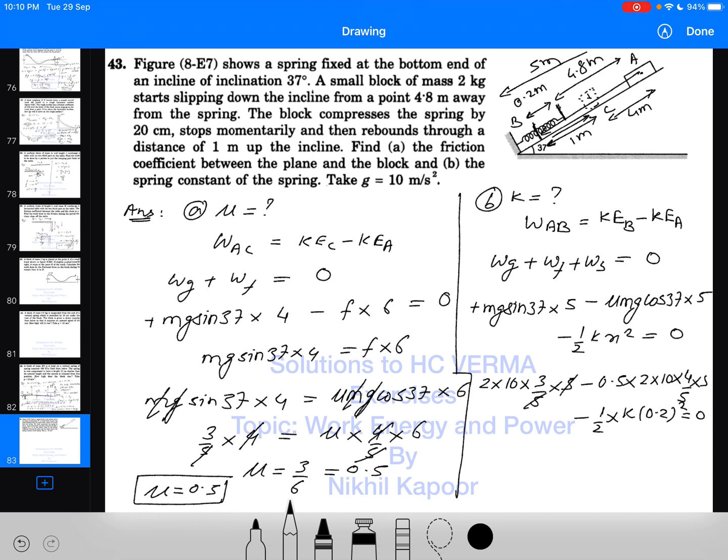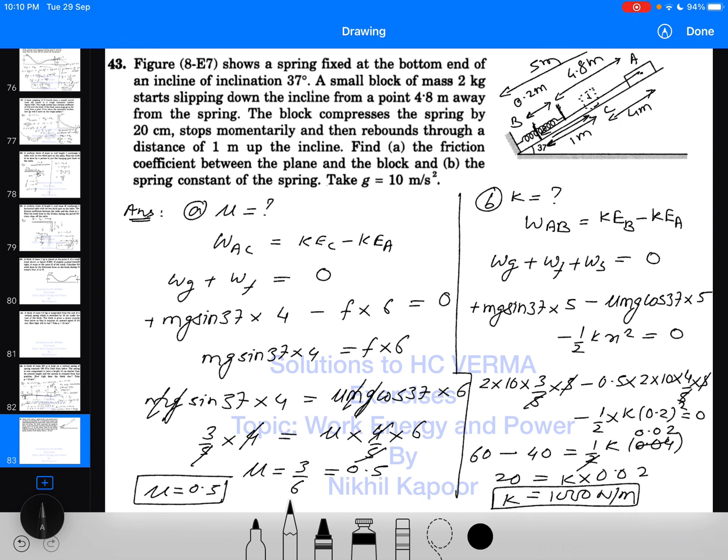So this 5 and this 5 get cancelled, 3 twos are 6, and then that would be 60, minus this 5 and 5 get cancelled, so 2 into 0.5 will be 1, so that is 40, is equal to this, minus will go there, it becomes positive half kx square, 0.04. 60 minus 40 would be 20. This will be 0.02, so k into 0.02. So this 0.02 will go down, and finally the answer comes out to be 1000 Newton per meter. That would be the value of k for this question.